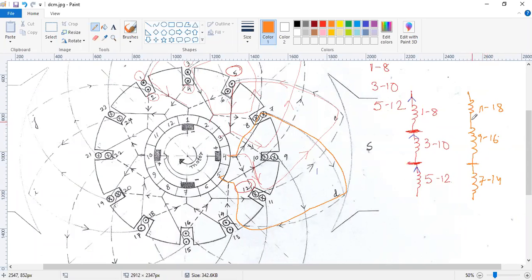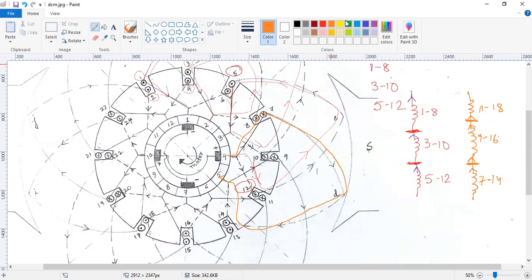Can you tell me in which direction the current will flow? Upward or downward? Upward direction. So this is also upward direction, isn't it?